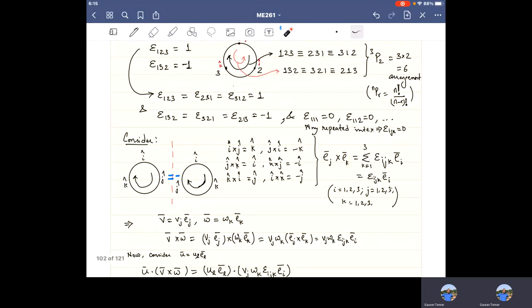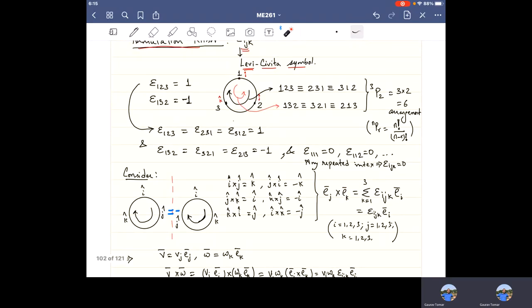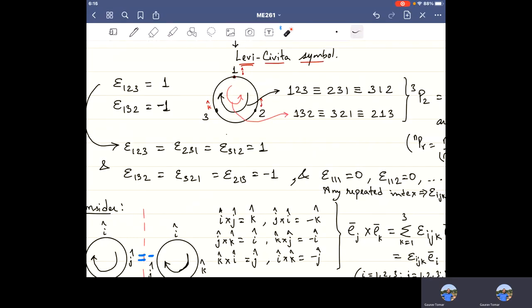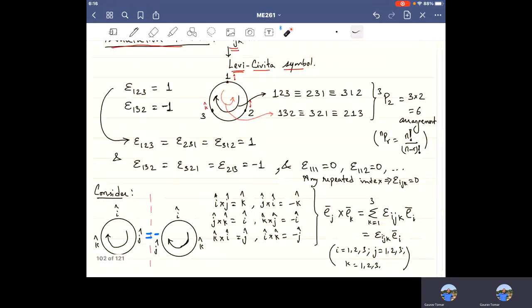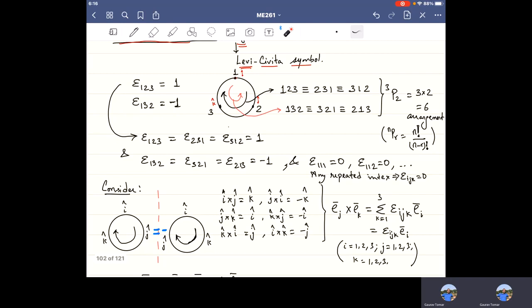So now relate these cross products with what we were doing when we discussed the Levi-Civita symbol. This is essentially similar. These signs, plus and minus, essentially correspond to whether you go clockwise or anti-clockwise.